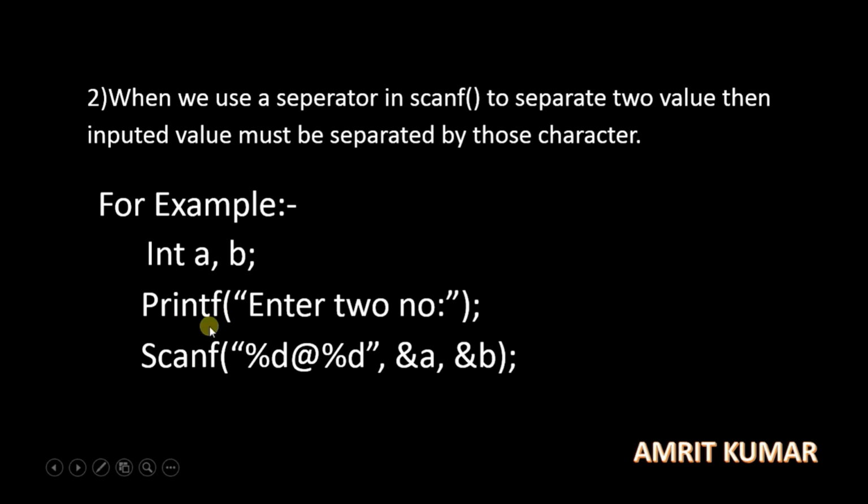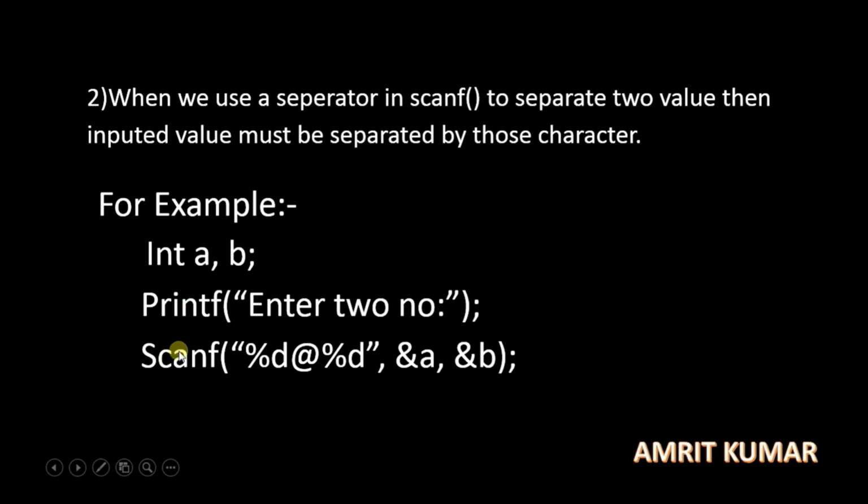Now the printf function is going to print this statement, enter two number. Okay, now moving on to the next line, that is the scanf function. We use the scanf function to accept a value from the keyboard, that is from the user. Whatever the user gives us will be stored in a and in b.